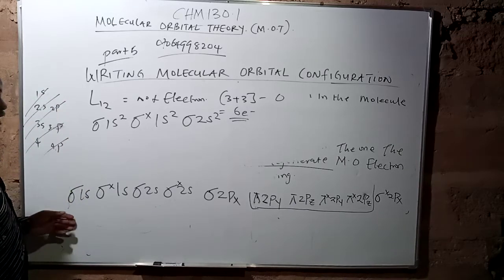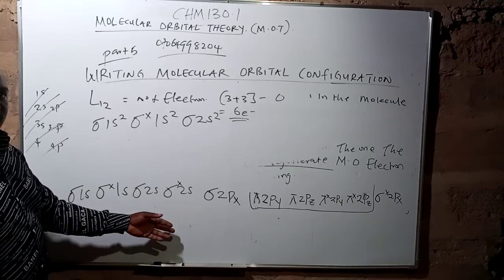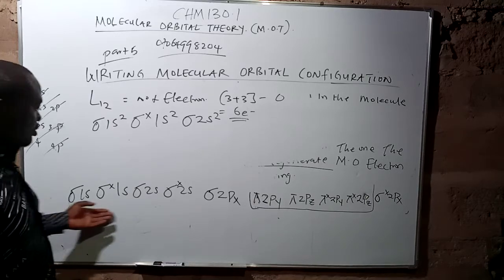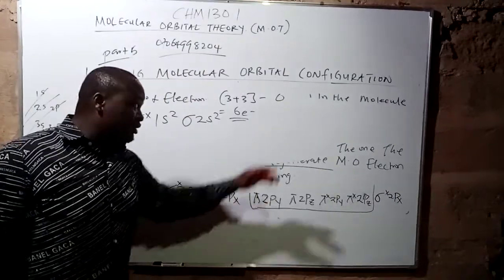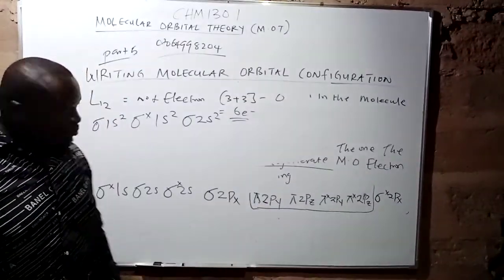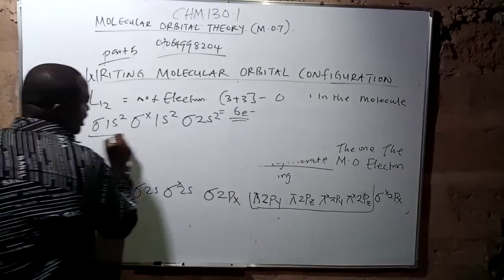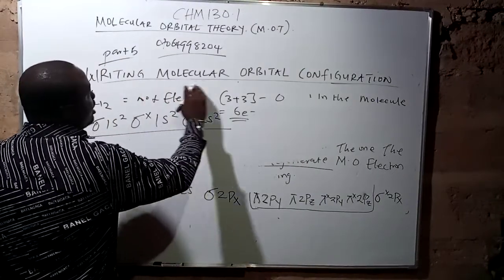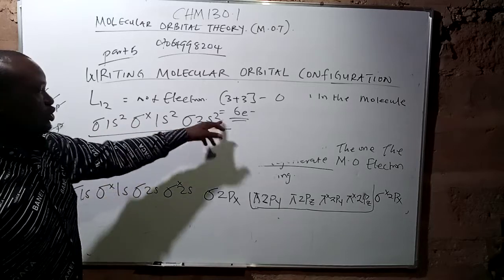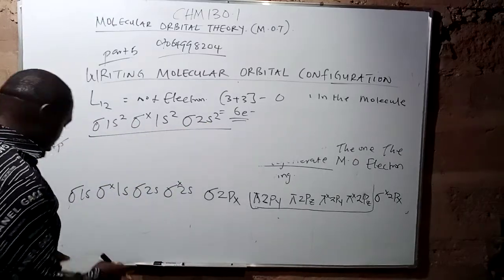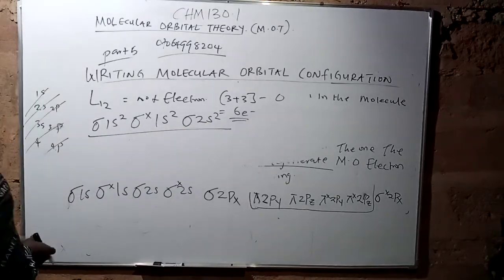That's the same thing that is happening here. Are you seeing it? But this one, this is the main formula you need to know for this. Once you know this, you have known the whole trick. So this is the molecular electronic configuration for this. This is 2 plus 2 plus 2, which is 6. Let me do more examples so that you can understand me.